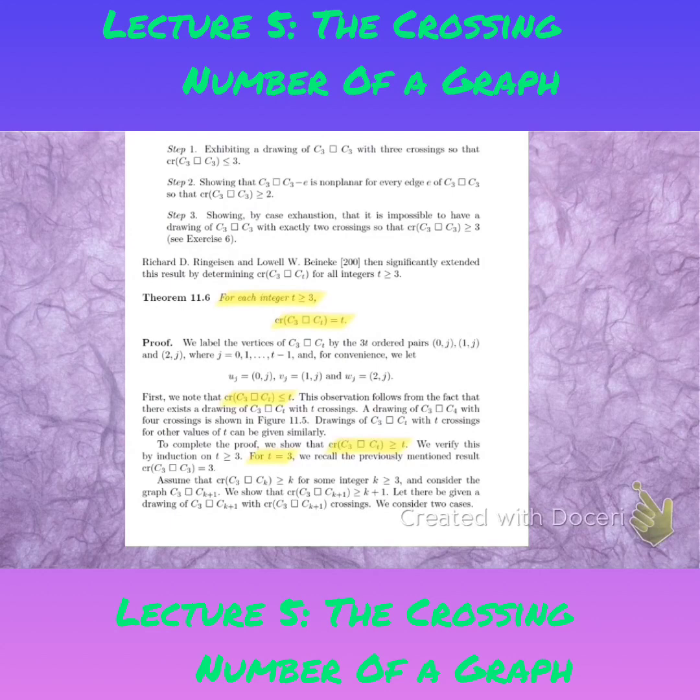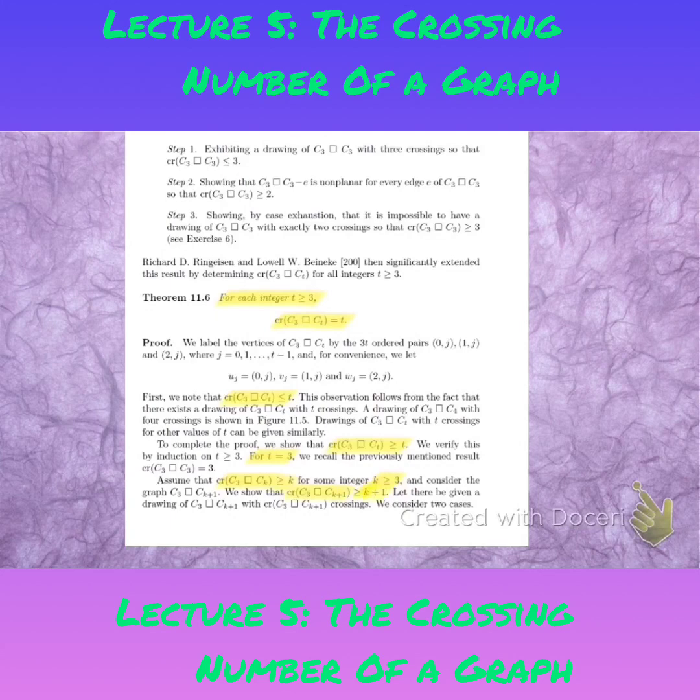Now how they show the lower bound is they assume that it's true for a value k larger than 3, and then they prove that it's true for the value k plus 1. In other words, the crossing number of C3 Cartesian C(k+1) is at least k plus 1.